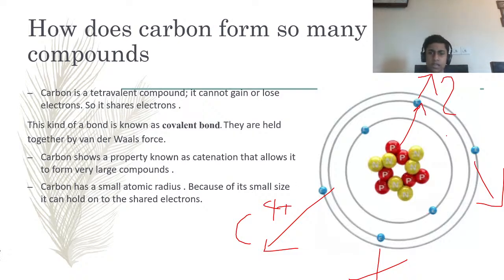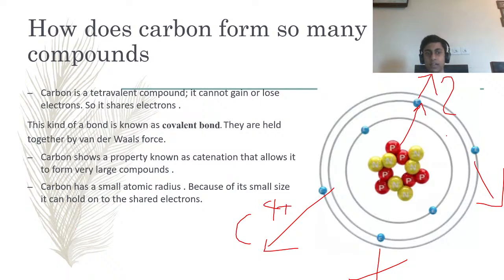It would need a tremendous amount of energy to uproot that electron. And even if we do it, 2 electrons and 6 protons would be highly unstable. It would just explode. So that's also not possible.